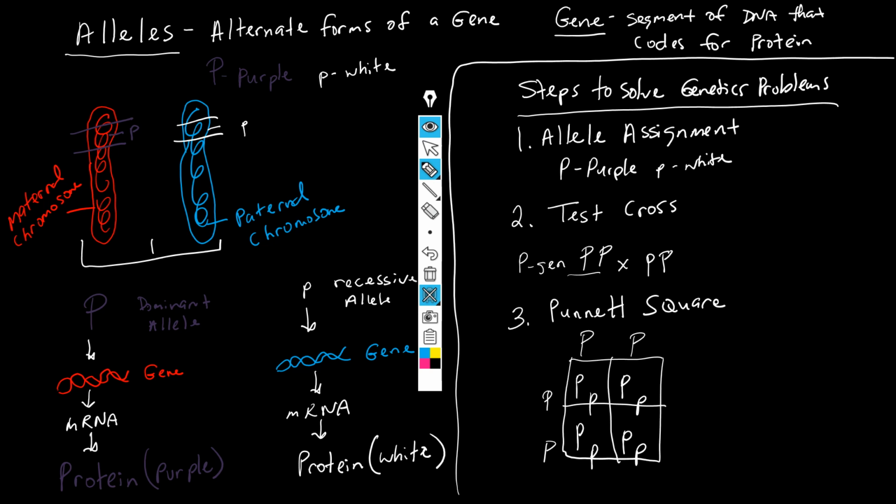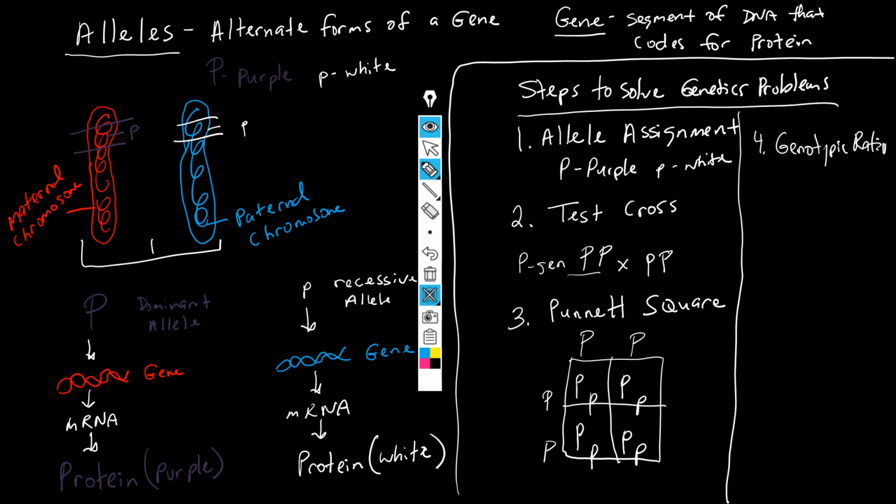The next thing that you do, and here's where some terminology comes in that you've either not seen before, or if you have, it's been a while. The next thing you're going to do is get your genotypic ratio or your genotypic probability. Now, a couple of terms that I want to give you, obviously they're all the same, so this is going to be a very simple ratio here.